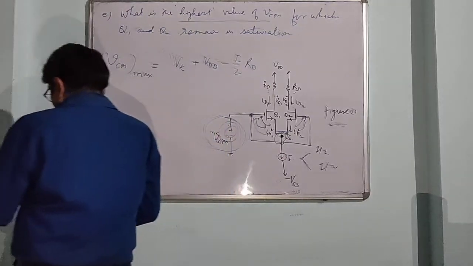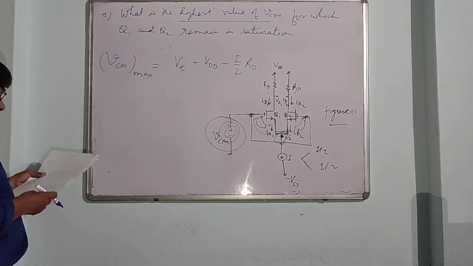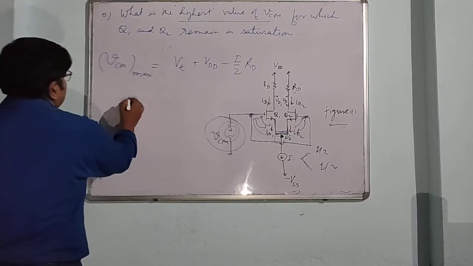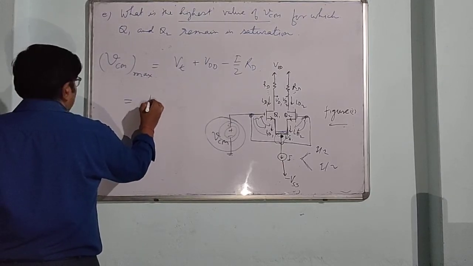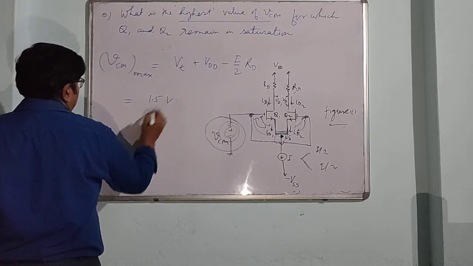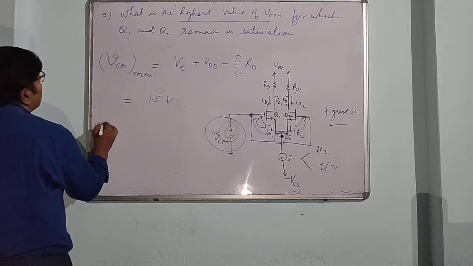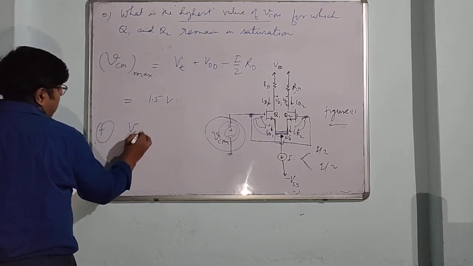So this is the maximum value. You can calculate from this maximum, put all values, and you will get 1.5 volt.